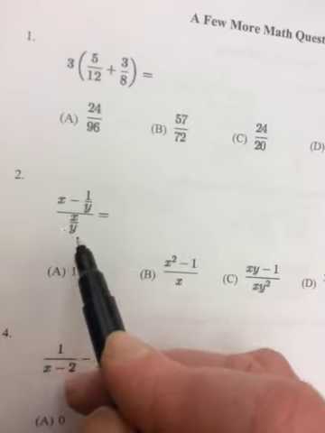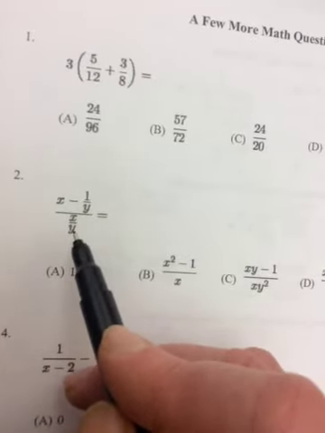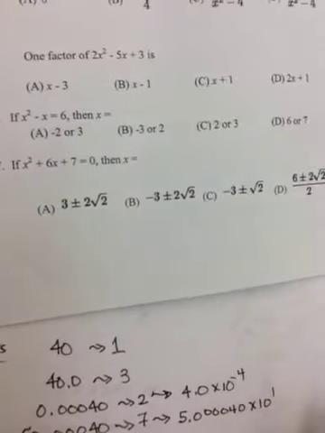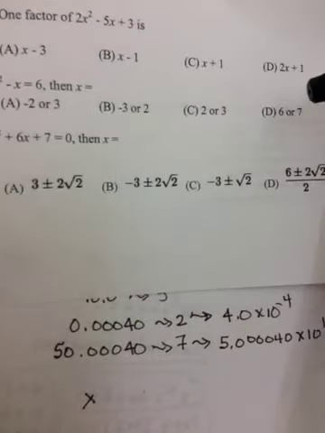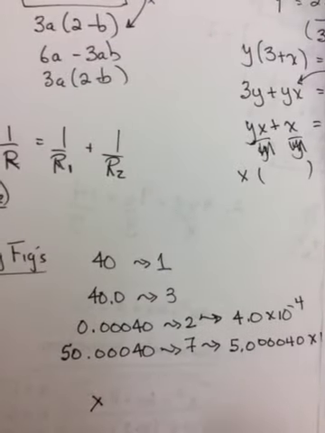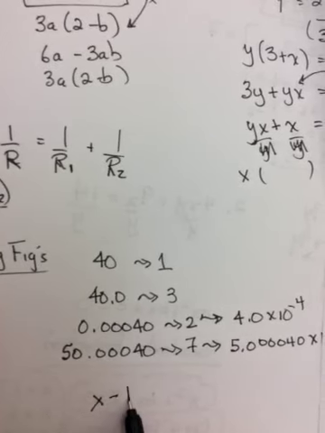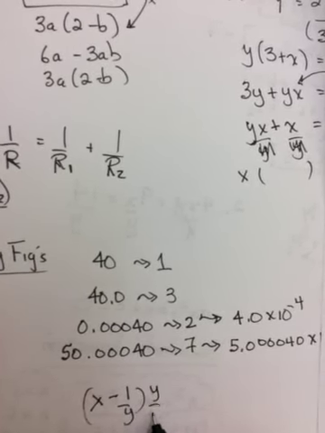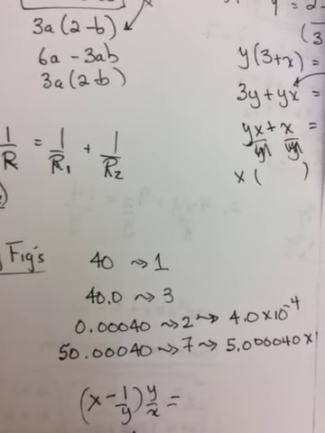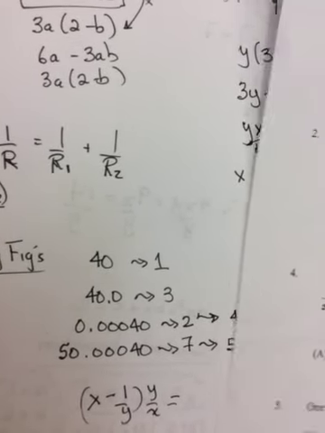Remember, dividing by a fraction is the same as multiplying by the reciprocal. So I would do x minus 1 over y times y over x and simplify it from there, and then see which one it matched.